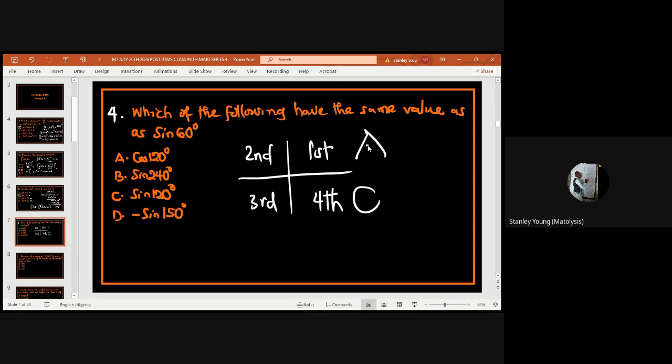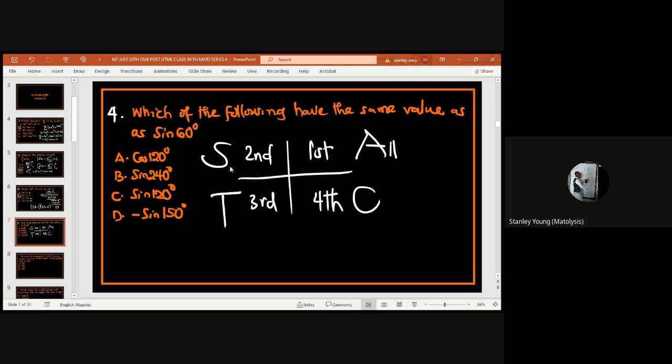You can decide to say CAST from here. In the first quadrant, all are positive. That is, sine, cosine, and tan are positive if the angle falls in the first quadrant. First quadrant simply means an angle lies between 0 and 90 degrees. Second quadrant is bigger than 90 but less than 180, and so on.